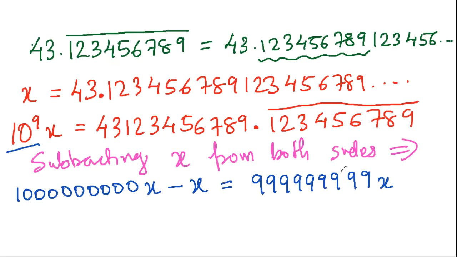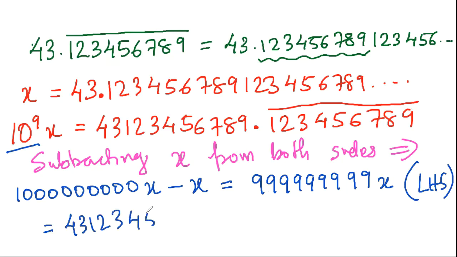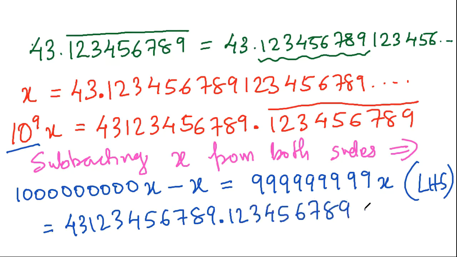This is the LHS. And in the RHS, while subtracting, I will get a value without decimal places. So I will get the value 43123456789.123456789 minus 43.123456789.